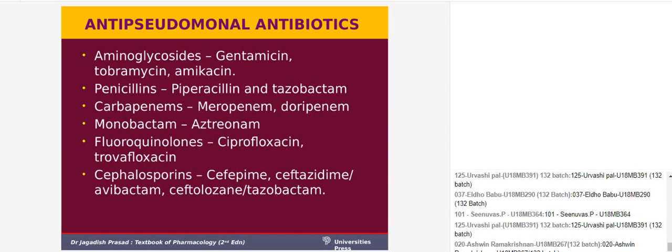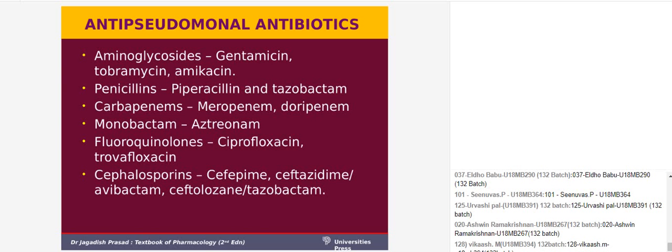Cephalosporins are administered either orally or parenterally. These drugs are mainly excreted unchanged through the kidney, either through glomerular filtration or tubular secretion. Some cephalosporins are metabolized in the body before they are excreted.